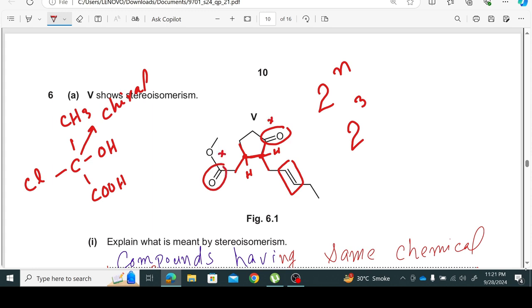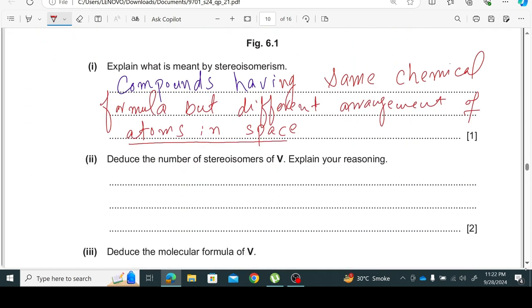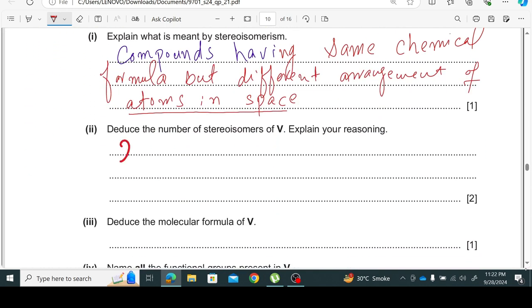So there are two chiral carbons and one double bond, 2 plus 1 is equal to 3. So the n value is 3, and 2 to the power 3 is 8. That means you will get 8 isomers. So you have to include the number of carbon to carbon double bonds, and you can write it here with the 2^n formula.